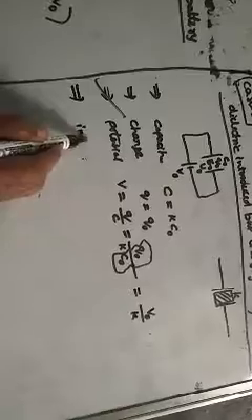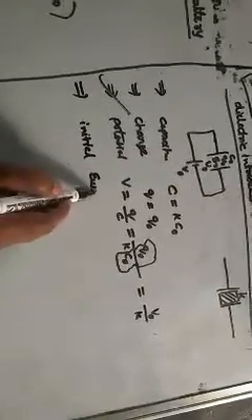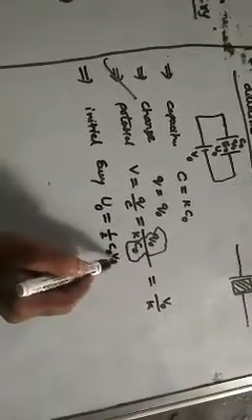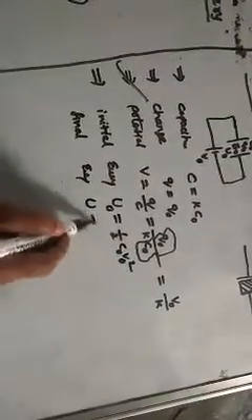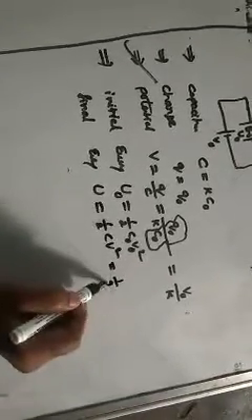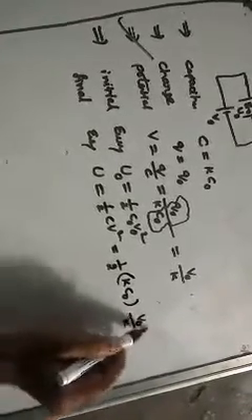Now energy stored. Initial energy: U naught is equal to half C naught V naught square. And what about the final energy? U equals half C V square. This is equal to half, C means k C naught, V means V naught by k, squared. So U equals half k C naught V naught square by k square.